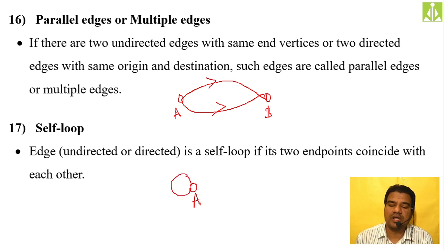So this particular edge is pointing to A only. The starting vertex, the origin, and the destination vertex are the same, A, for this particular edge. So we call this edge a self loop, because where it has started, to that same point it has reached, so it is a self loop.